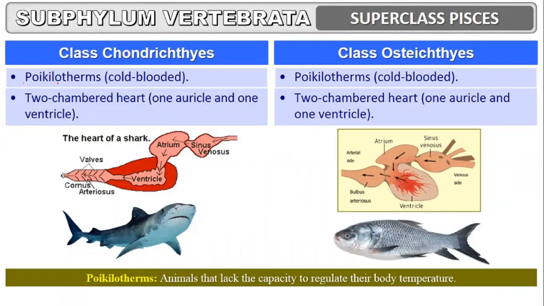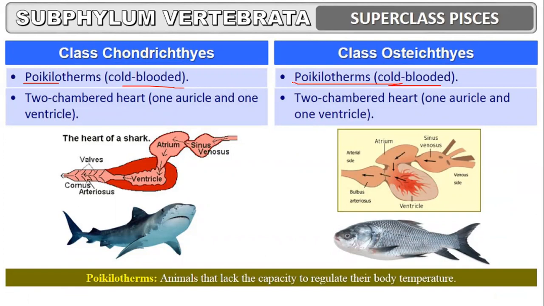Both are cold-blooded animals. What do you mean by cold-blooded animals? They do not have the ability to change their body temperature with the surrounding temperature. They are supposed to live only in one kind of temperature. So if any kind of temperature change occurs, they'll automatically die. But in case of human beings and Aves, that is birds and mammals, what happens?